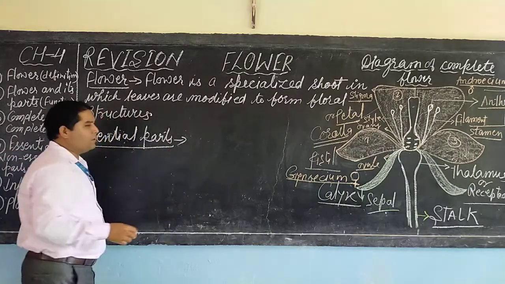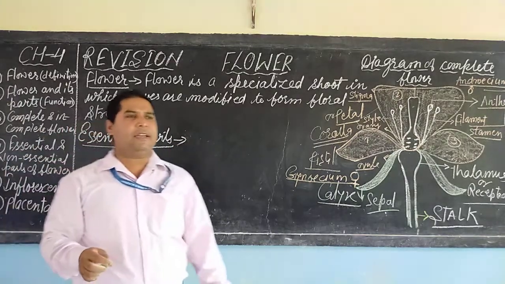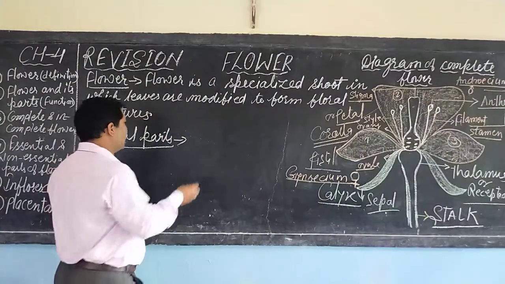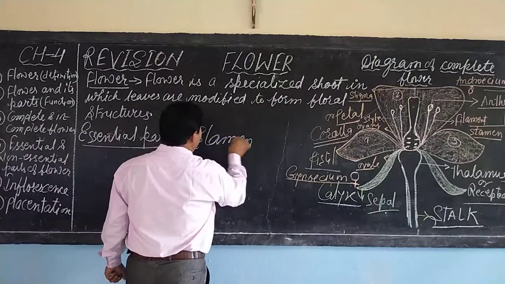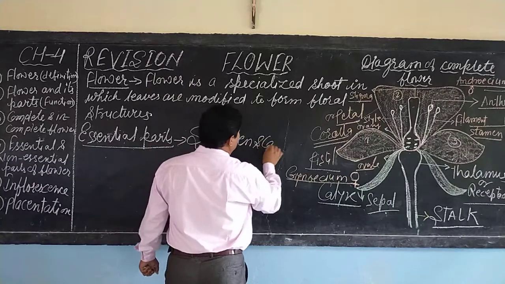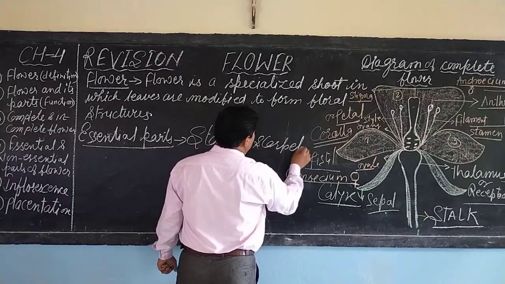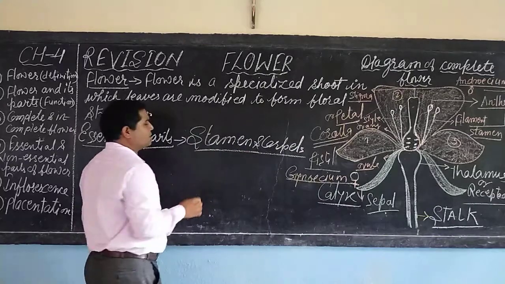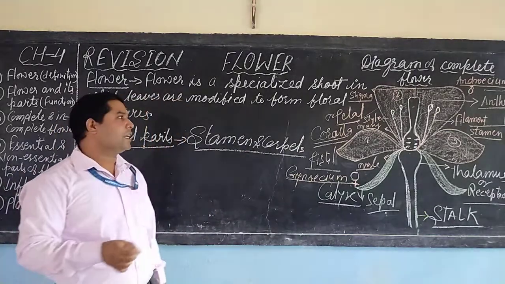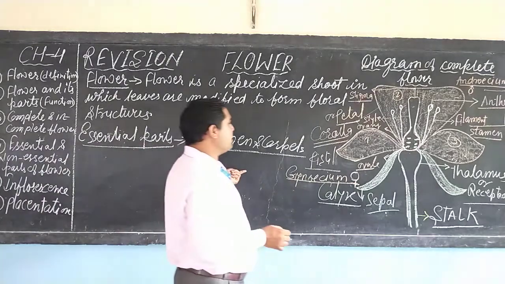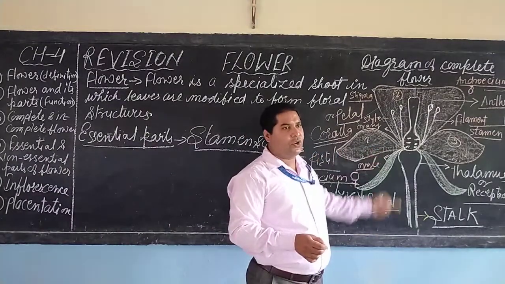So dear student, male and female part, or you can say stamen and carpel are known as essential part because they help in reproduction or they take active part in the reproduction.